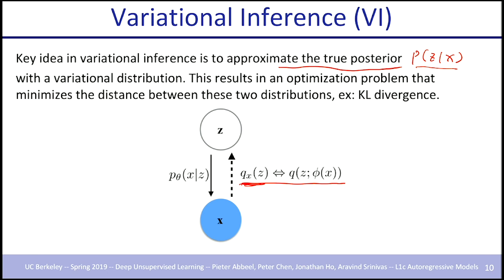Right now we have a true posterior that we do not access, and an approximate posterior that we try to get close to the true posterior. We call it Q sub x of z.